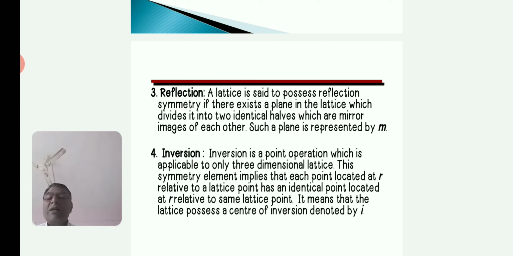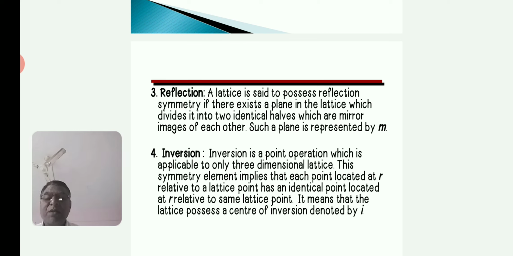The symmetry operation consists of 4 points, that is translation, rotation, reflection, and inversion. What is the main difference between these points?